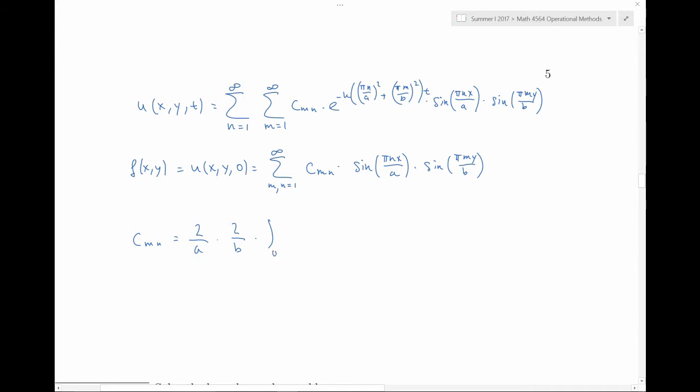In terms of x, it will go from 0 to a, and in terms of y, from 0 to b, and I would have to take f of x y and multiply it by sine of pi n x over a and sine of pi m y over b, and integrate first with respect to y and then with respect to x. So this is moderately more complicated, but you can see that it's exactly the same ideas implemented just for 3 dimensions now.